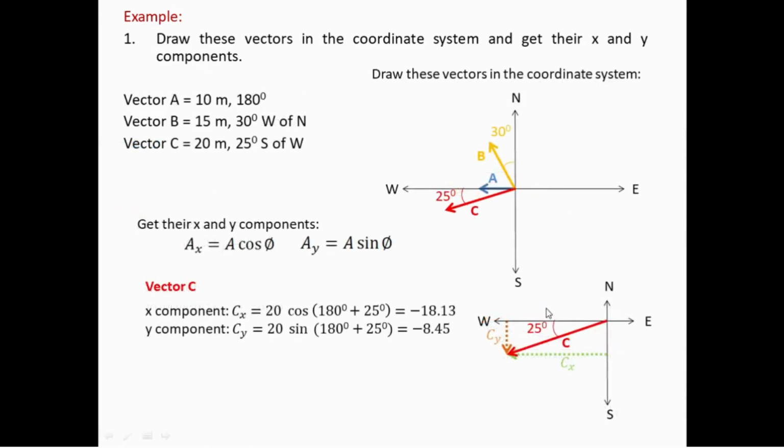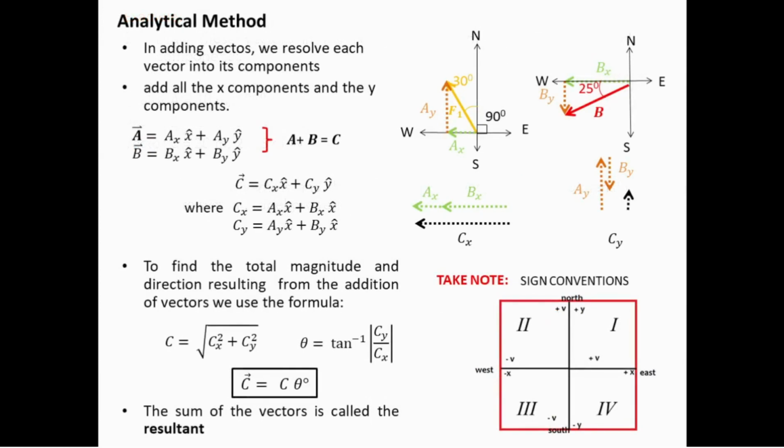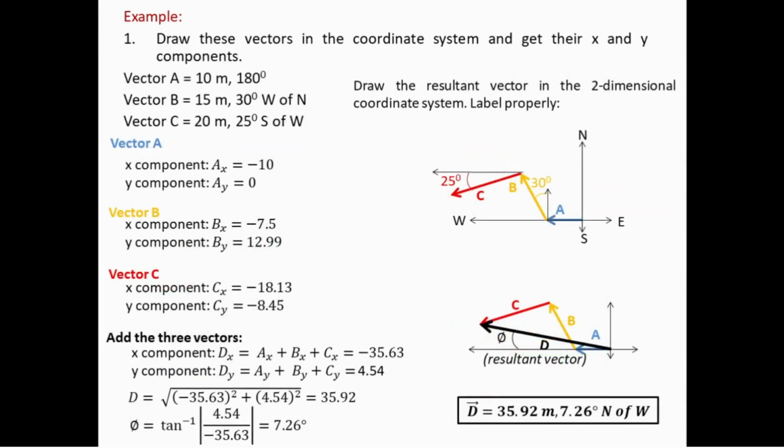That is why I gave you a while ago the sign conventions here. So you have to remember the signs as discussed a while ago, which means that again, the sum of vector A, B, and C is given by this. And if you draw that one, this vector D is represented by this black arrow.